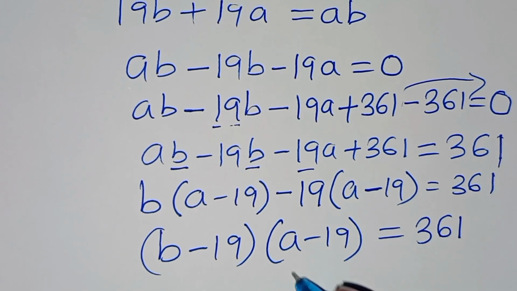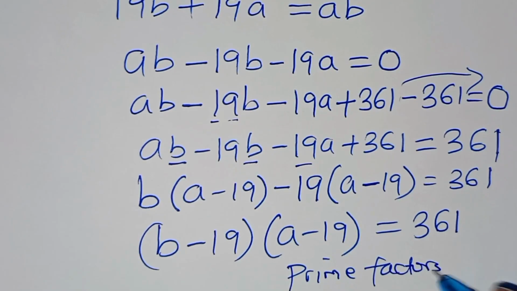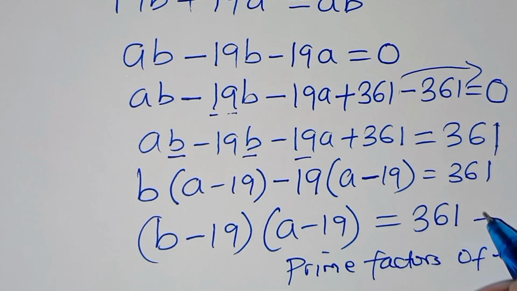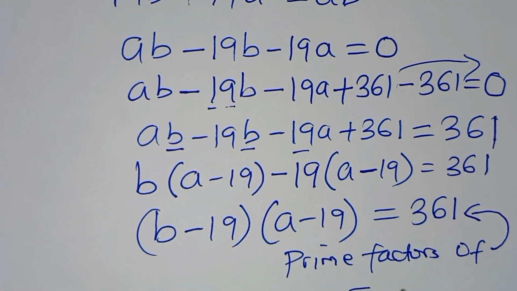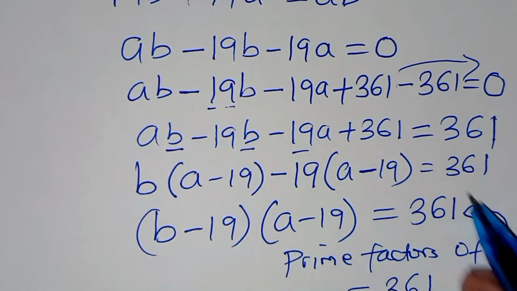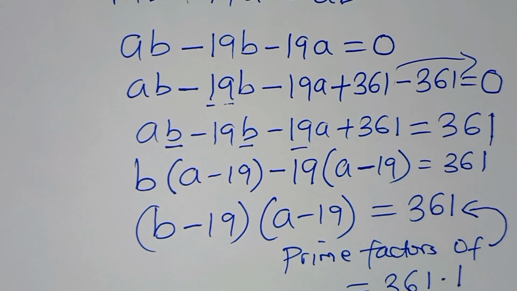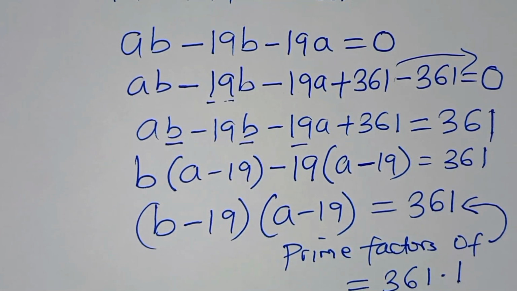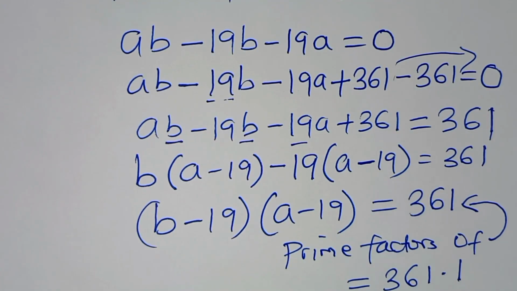So the next step is to get the factors of 361. What you can multiply to get 361: that is 361 multiplied by 1, then 1 times 361, and lastly, we have 19 times 19.